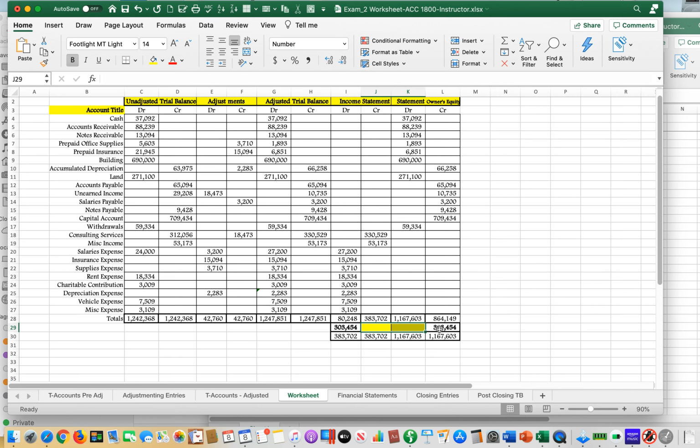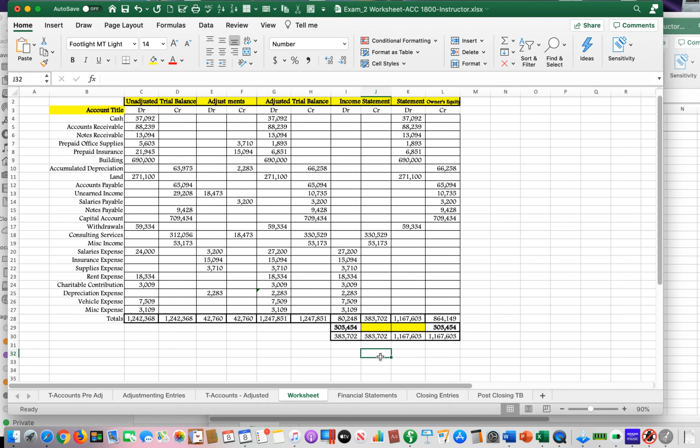These other cells on the outside would be empty. And the losses would be on the inside here, which I've colored yellow. And they would also match. It'd also be the same number. If the loss is $500,000, then you'd see $500,000 in both of these cells on the inside that are colored yellow right now.